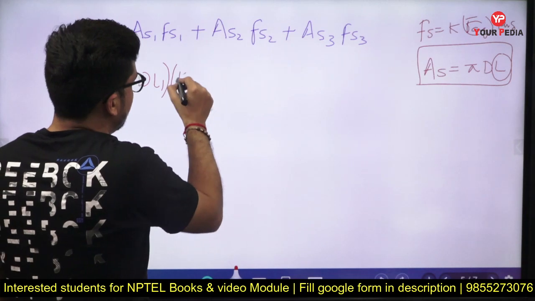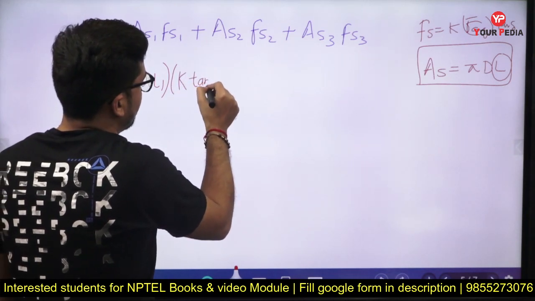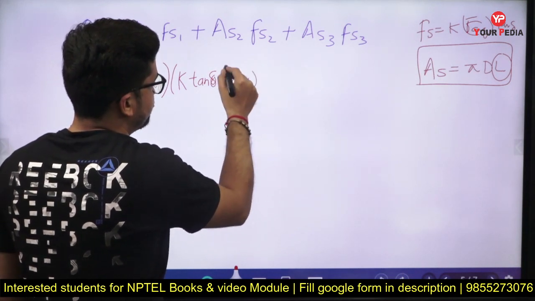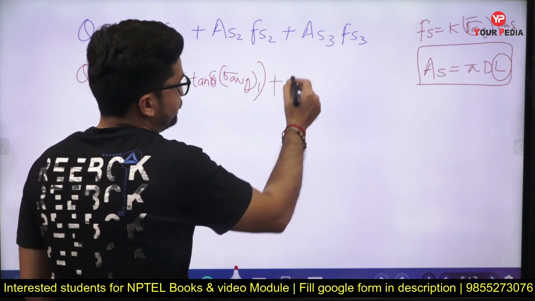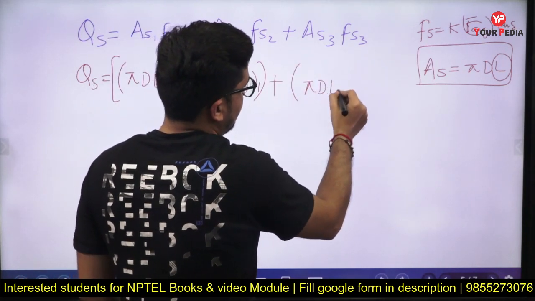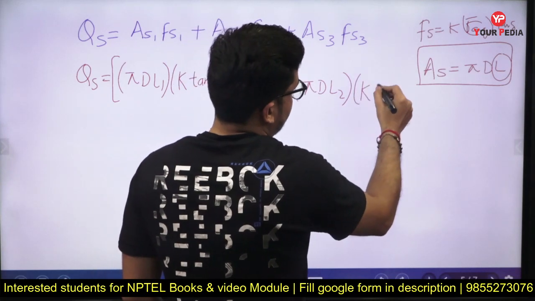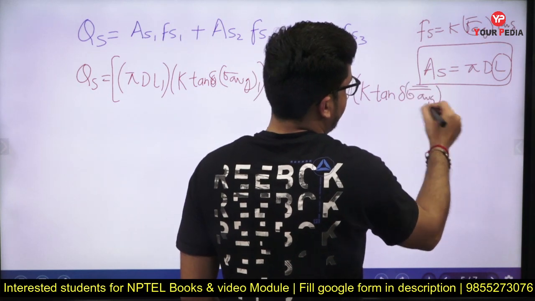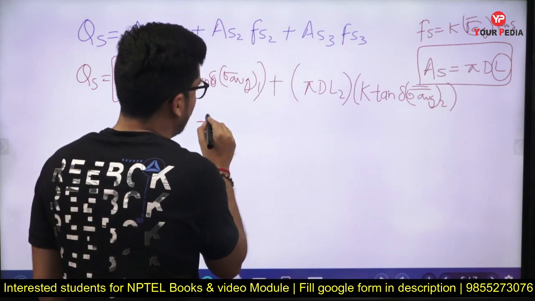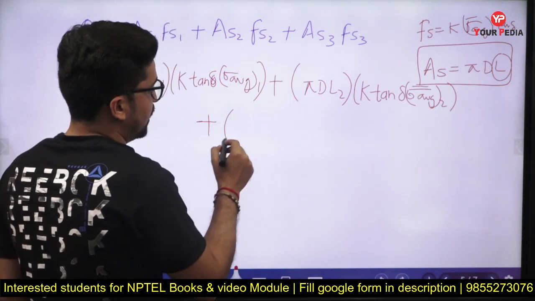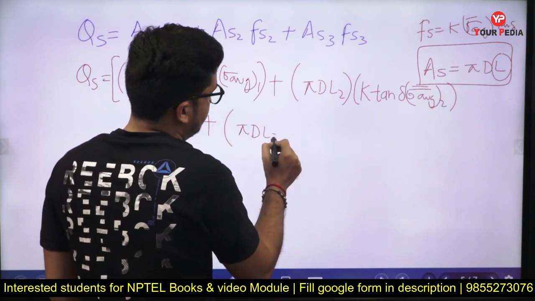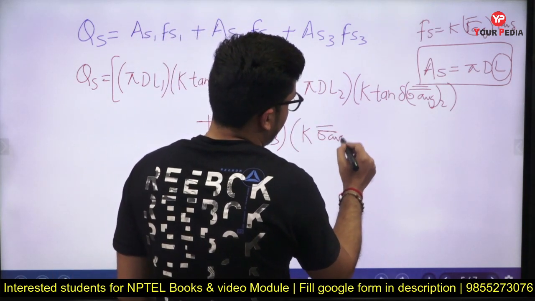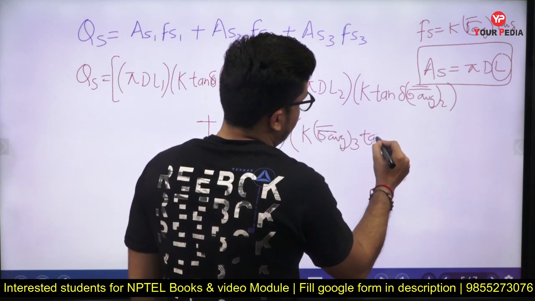So this will be equal to K into tan delta into sigma bar average 1, which is for the first region, plus pi d L2 into K tan delta into sigma bar average for region 2. After this you need to add the third region, which will be pi d L3 into K sigma bar average 3 into tan delta.